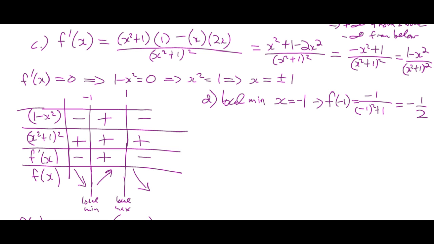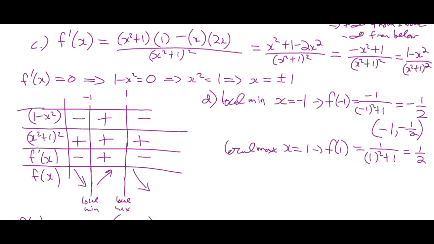So local min at negative 1, negative 1/2. And we got a local max when x is 1, which is 1/2. So let's say local min, local max.